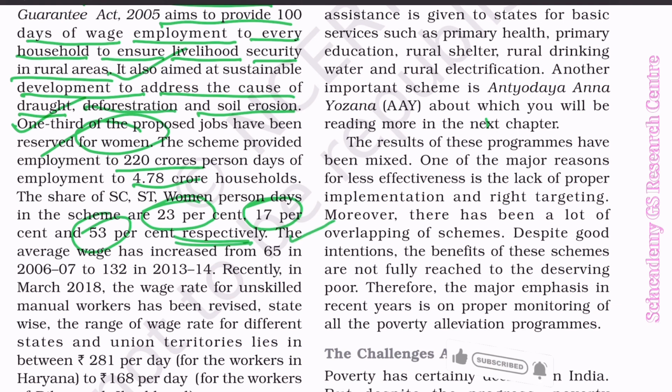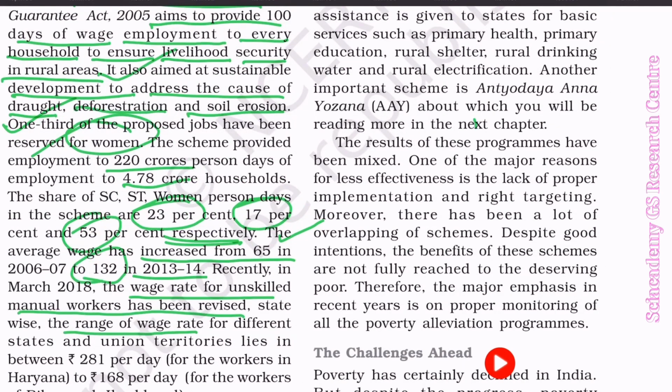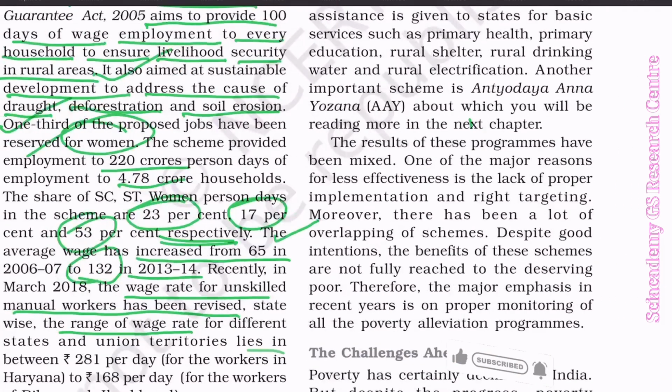The average has increased from 65 in 2006-7 to 132 in 2013-14. Recently, in March 2018, the wage rate for unskilled manual workers has been revised. State-wise, the range of wage rate for different states and union territories lies between 281 rupees per day to 168 rupees per day.